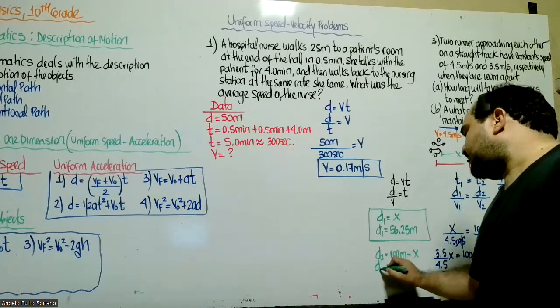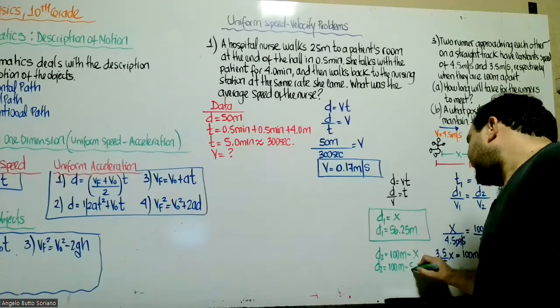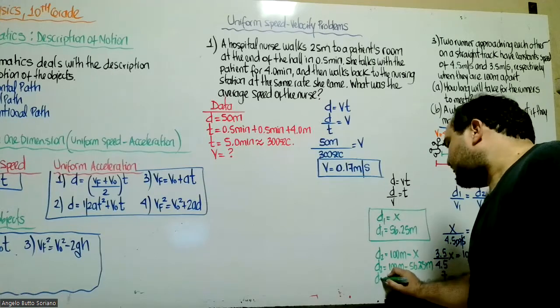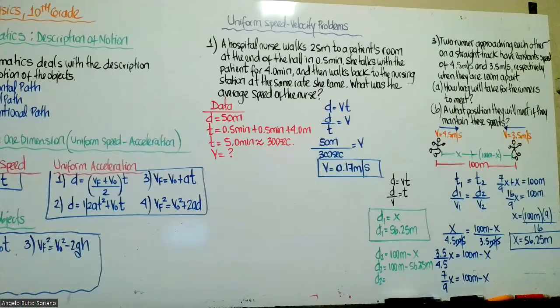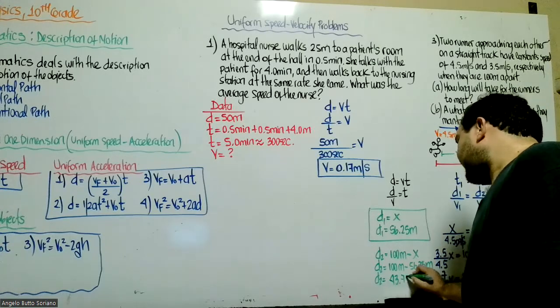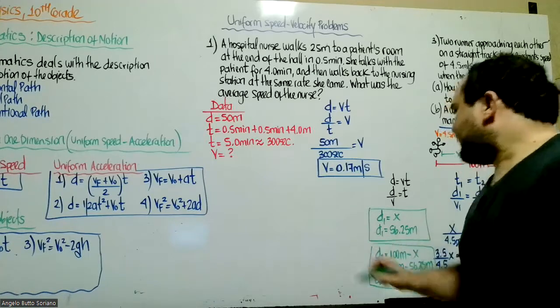So basically distance number two will be given by 100 meters minus 56.25 meters. So the distance of the runner number two will be 43.75 meters. We have the second position.